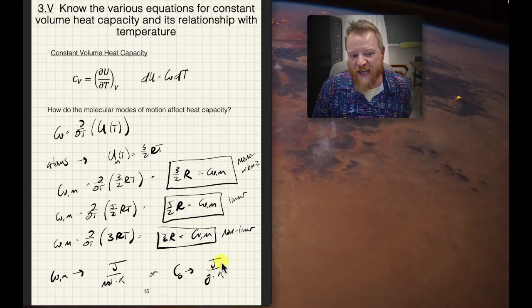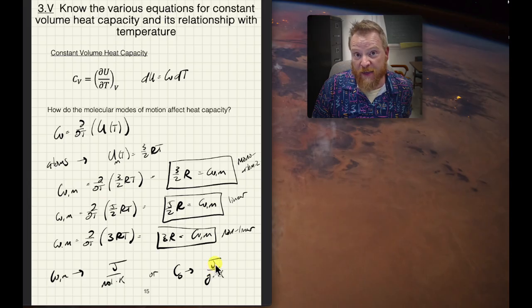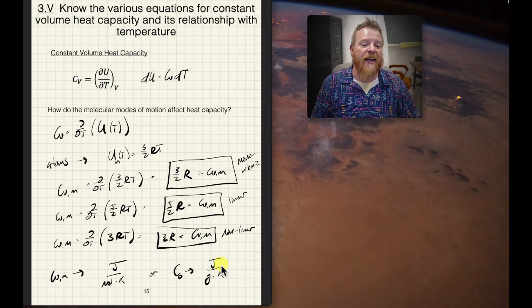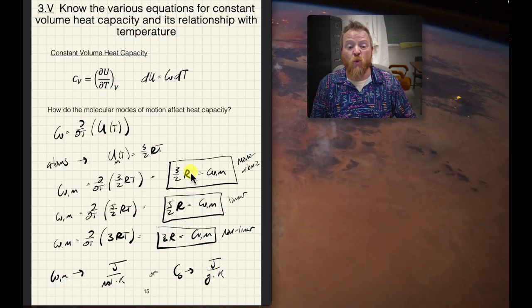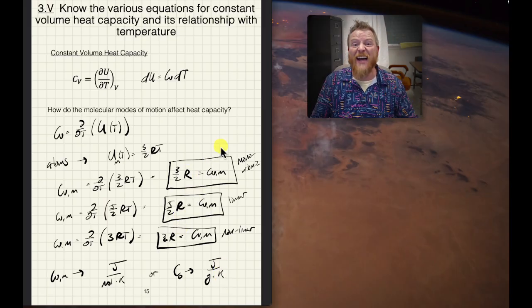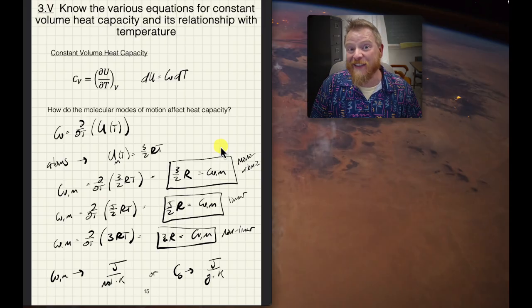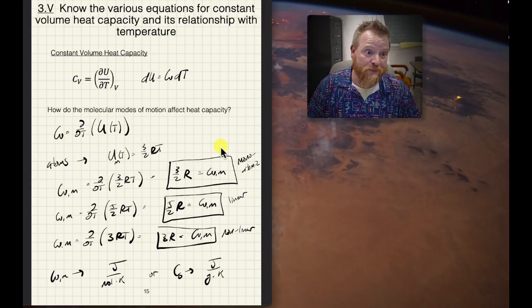Or in the case of CS, how much energy can that thing absorb to bring 1 gram of that material up by 1 degree Kelvin. And again, because the nonlinear has twice the heat capacity as the monoatomic gas, it can store twice the amount of heat without a rise in temperature. And it's storing this in, you guessed it, its molecular modes and degrees of freedom.